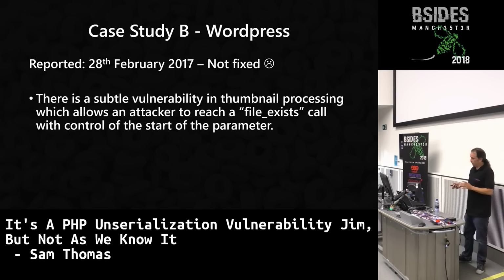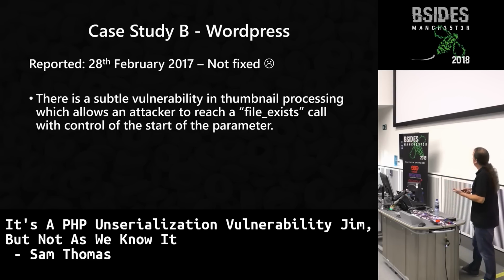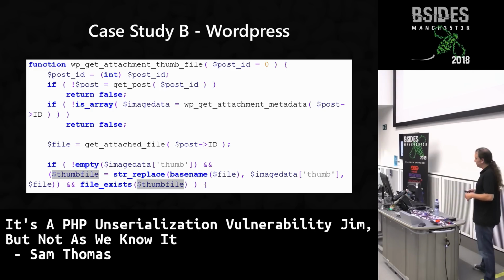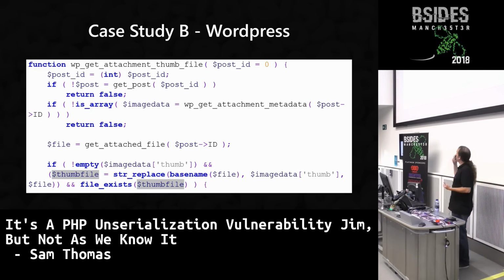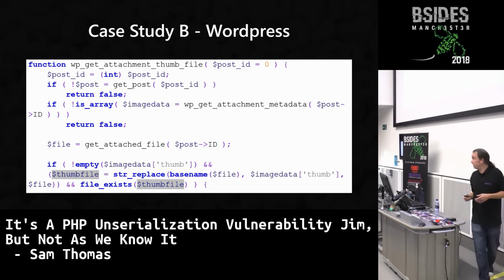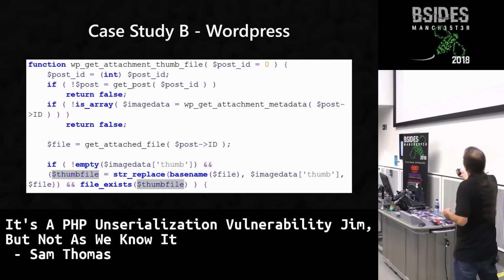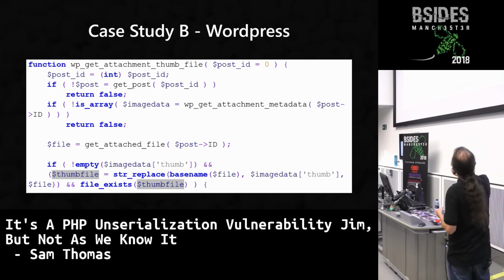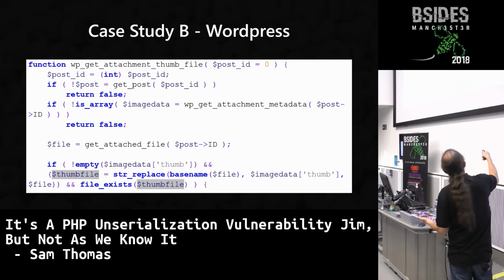So this is my favourite of the vulnerabilities because it's slightly more subtle. And this is ultimately where the vulnerability is. It calculates this variable thumb file and it ends up calling file exists on it. But the way it calculates this variable is it takes this value file, calculates the base name of that, and replaces every occurrence of that with this value thumb.